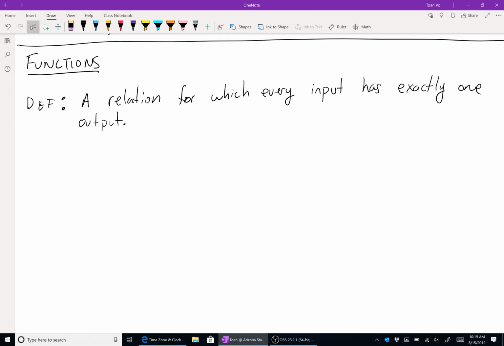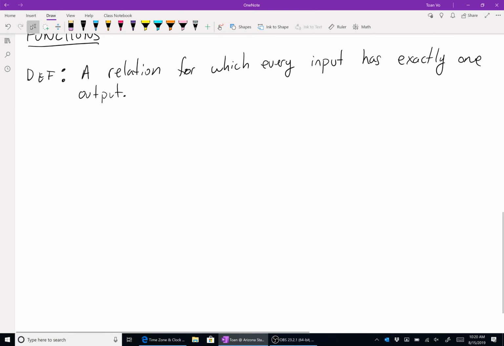No, because for the one input, pressing the Cheetos button, I got two different outputs, Cheetos and Doritos. So in that example, it would not be a working machine, it would not be a function. So that's all this definition says. A function is simply a machine, a relation, such that for every input you put in, you're only going to get one output.